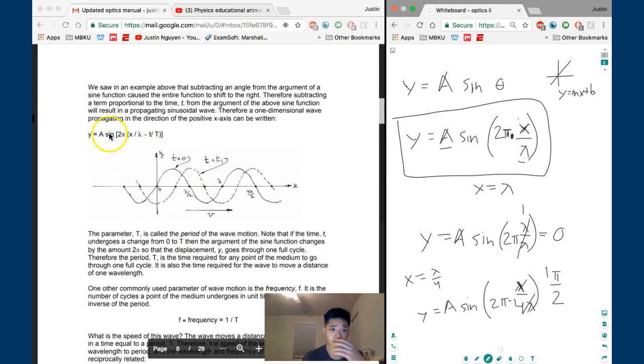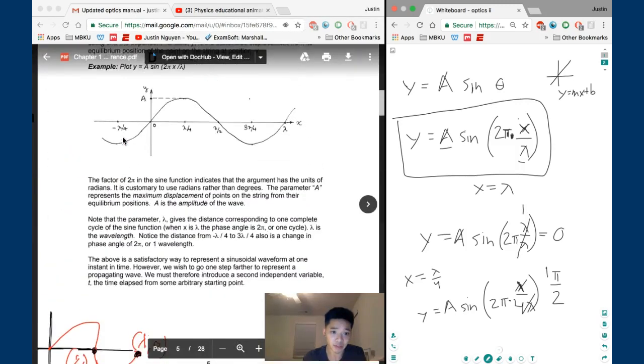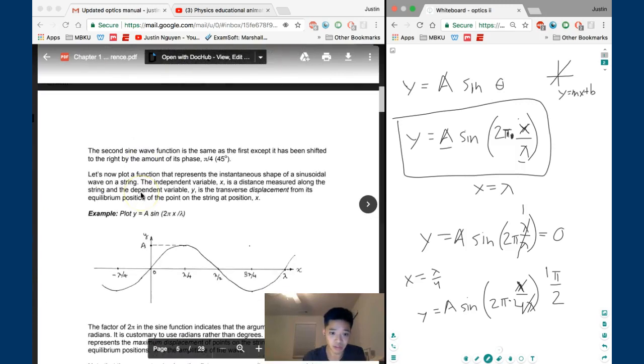With this equation, you're trying to figure out y. The value of y is equal to your amplitude, how high the sine wave is, times sine, and you're going to say, oh, this looks complicated, but it's going to be 2 pi, and that's similar to this one.